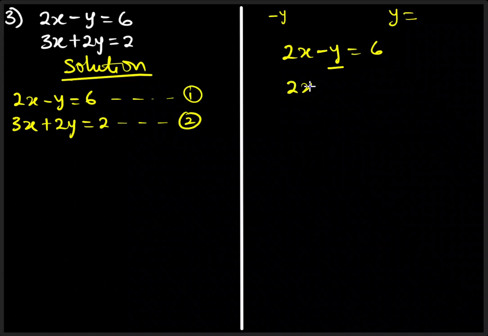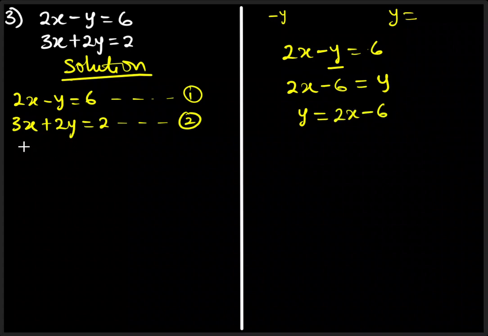That will give us 2x, and if plus 6 crosses, it will give us minus 6, equal to minus y crosses, it will turn to y. So 2x minus 6 equal to y is the same thing as saying y equal to 2x minus 6.